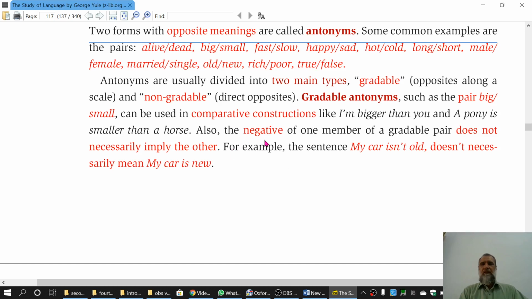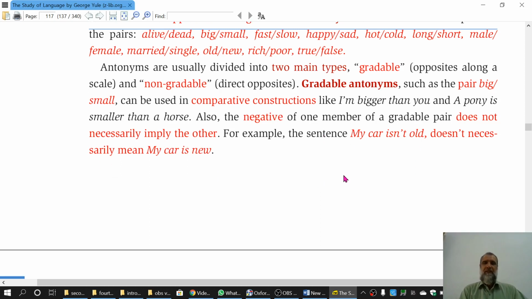Also, if we try to get the negative of one, that negative does not necessarily imply the other, that is, the positive. For example, my car isn't old doesn't necessarily mean that my car is new. It is not necessary that the negative of one would definitely mean the other.